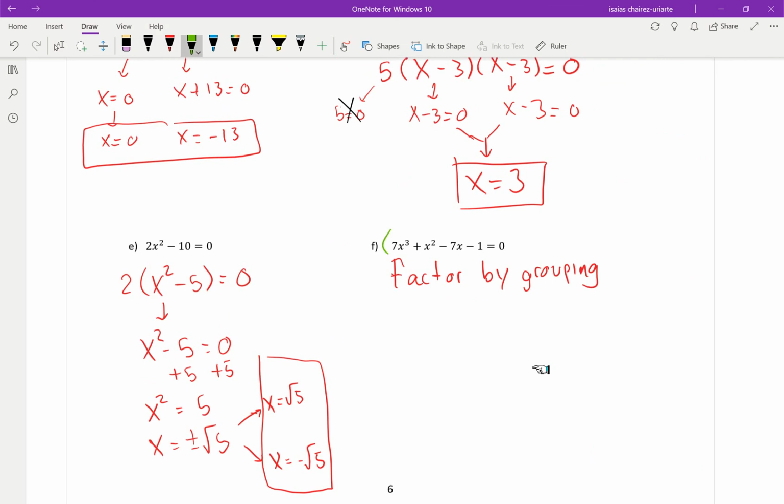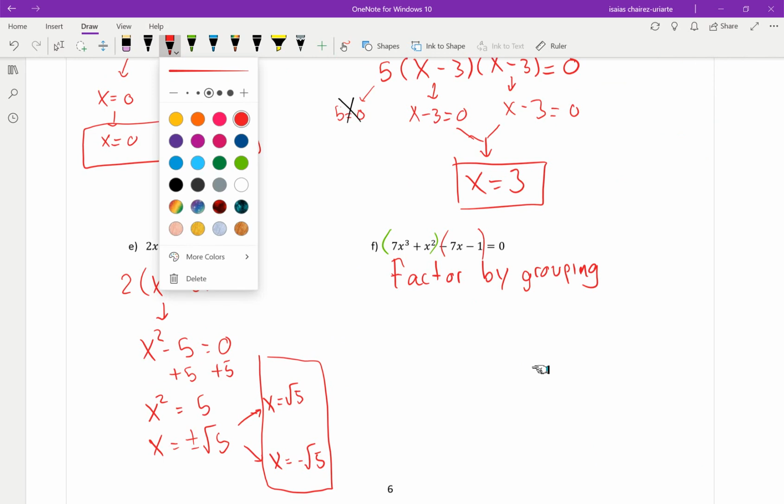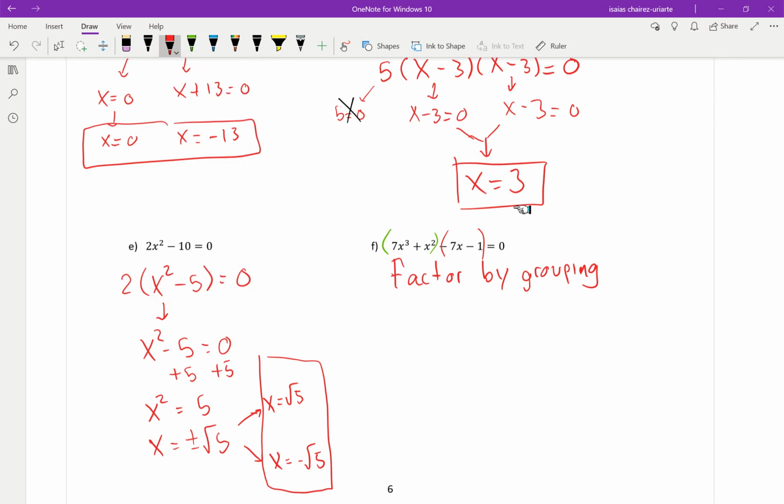Okay, let's see how that helps us. I'm going to look at the left terms, and then I'm going to look at the right terms. What do the left terms have in common? I would say x squared. So I'm going to factor out an x squared from them, and this becomes 7x plus 1.